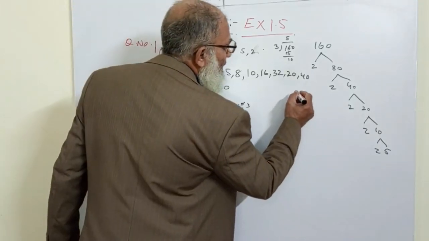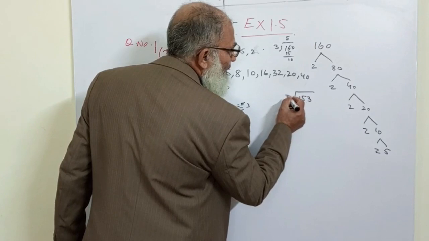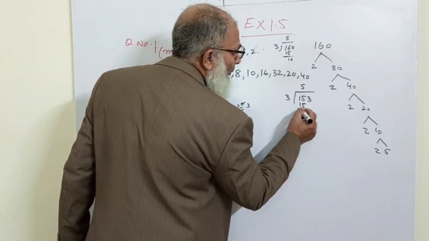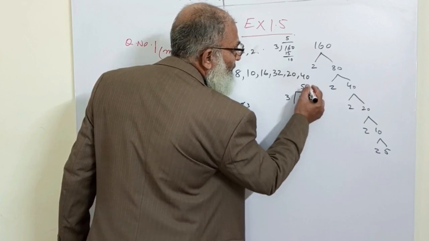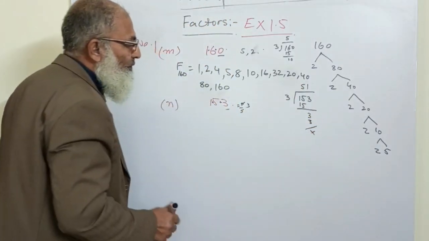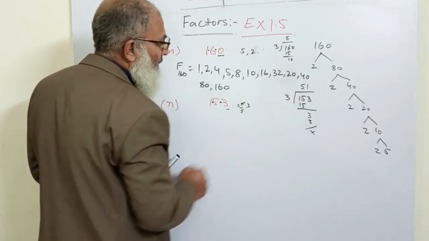Let me check it in the rough work. 153 divided by 3 is 51. Now the factors I got are 3 and 51.